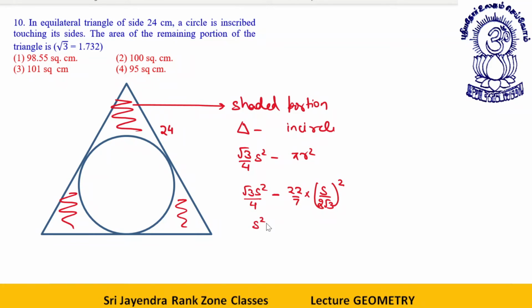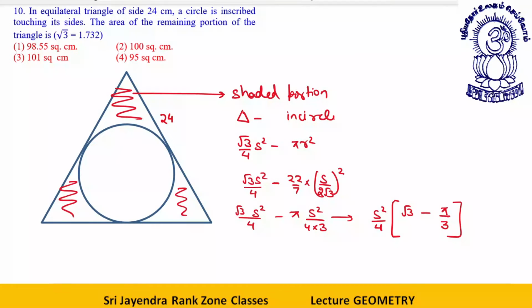Or I can say s square into root 3 by 4 minus, let me write it pi only, upon s square by 4 into 3. So this gives me an opportunity to take s square by 4 common. I write root 3 minus pi by 3.